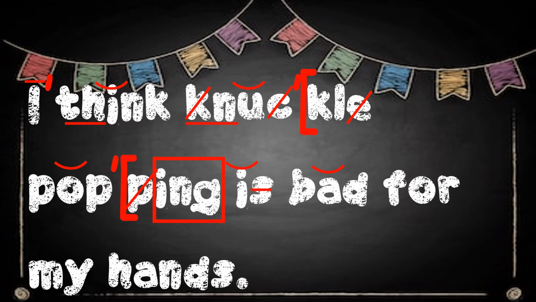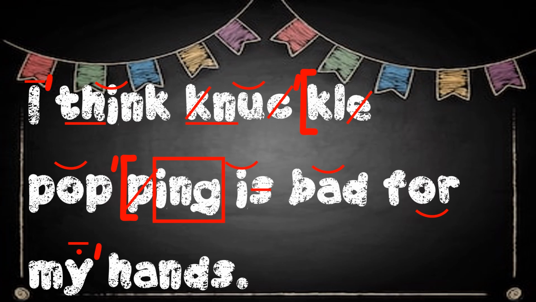For. I have combination O-R going or. Let's go to the word my. That Y at the end is making an I sound. And let's put an accent at the end of that short little word.